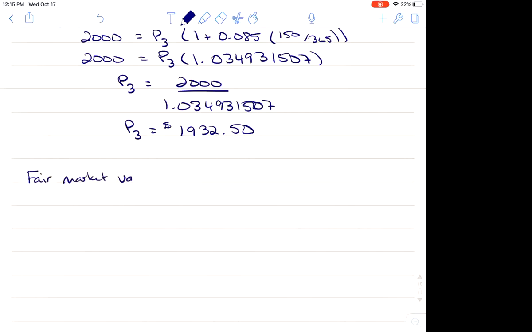The fair market value at 60 days, we said, was future value 1 plus present value 2 plus, sorry, we're calling it principal still. We'll start calling it present value soon.